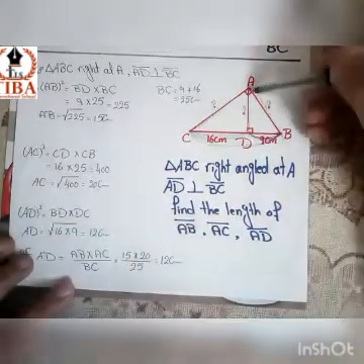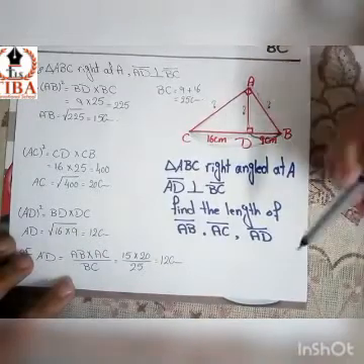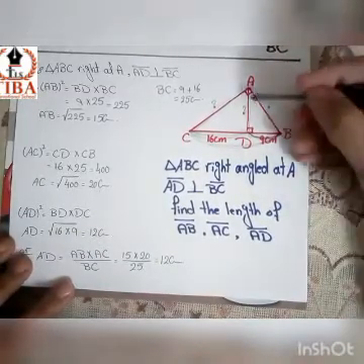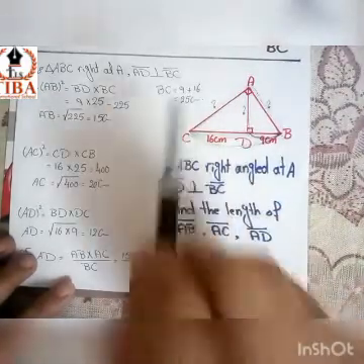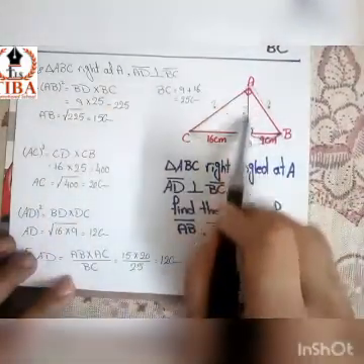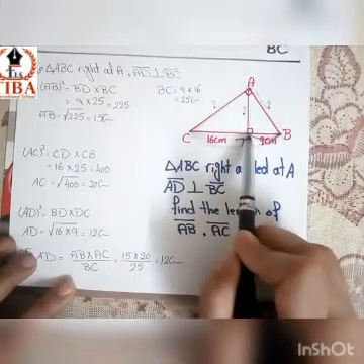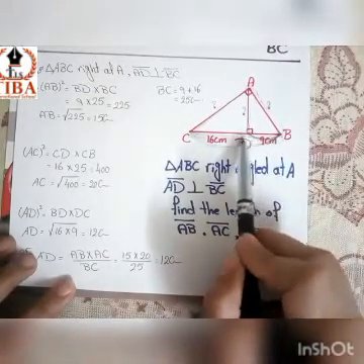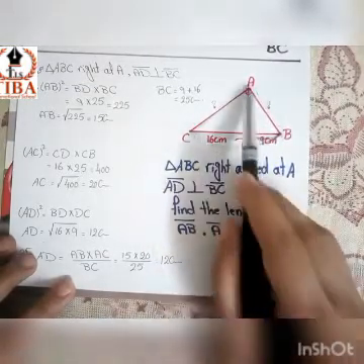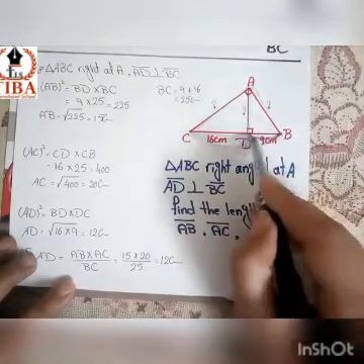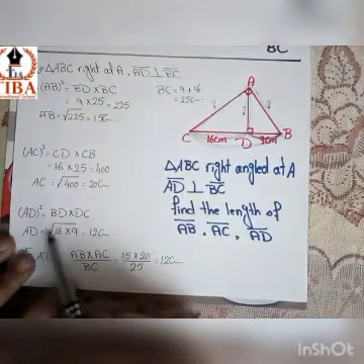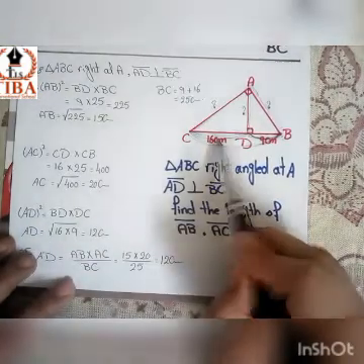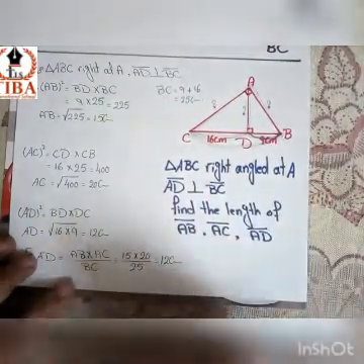To find the length of AD, we said that we have two ways. The first one, we take the rule of the Euclidean theorem: AD power 2 equals the part BD times the other part CD. So AD equals the square root of 16 times 9, which equals 12.